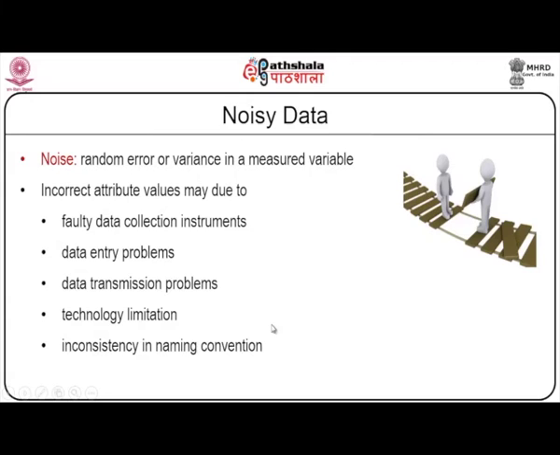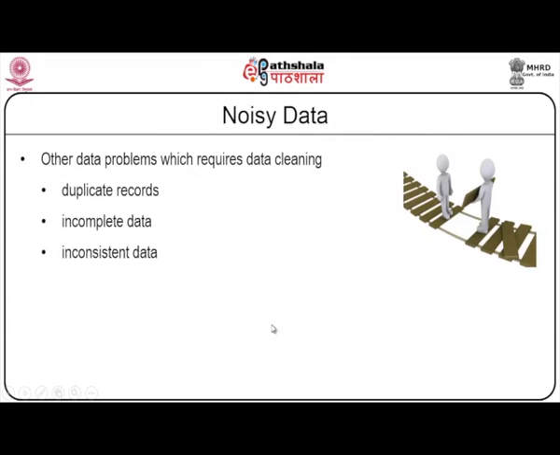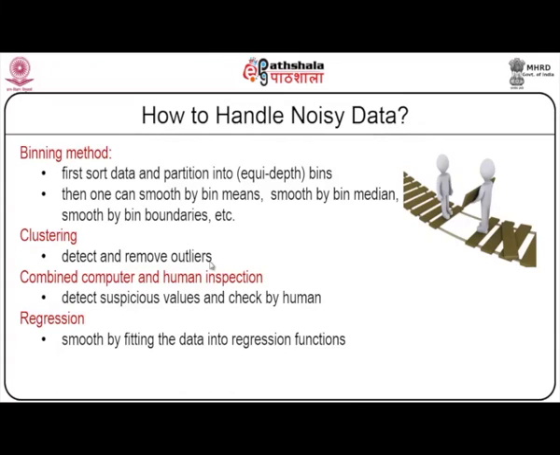These might lead to noisy data. Some of the other data problems which require data cleaning are duplicate records, incomplete data and inconsistent data. So, having got some noisy data, what are the effective strategies by which we handle it?